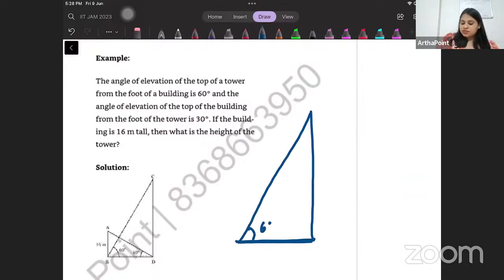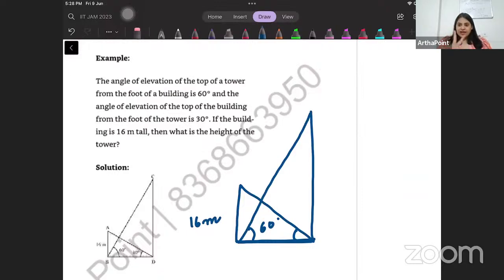This is 60 degrees. And the angle of elevation of the top of the building from the foot of the tower is 30 degrees. This is 30 degrees. If the building is 16 meter tall, this is 16 meter, then what is the height of the tower?